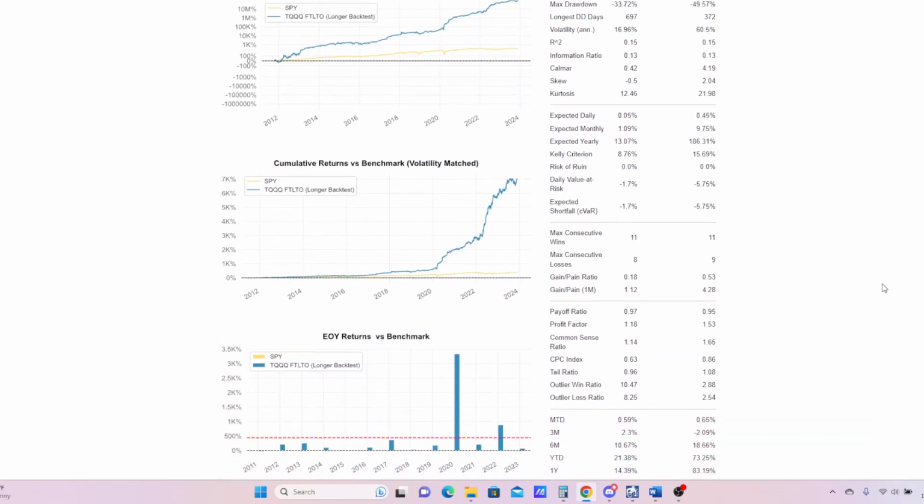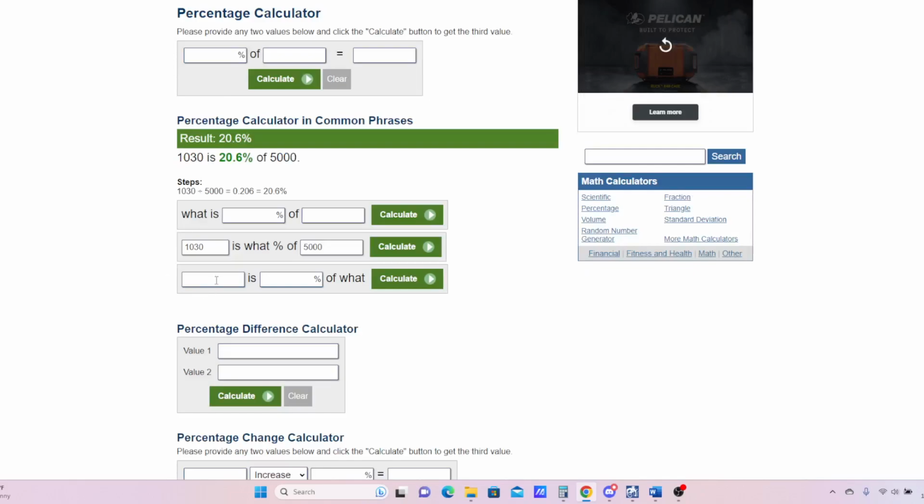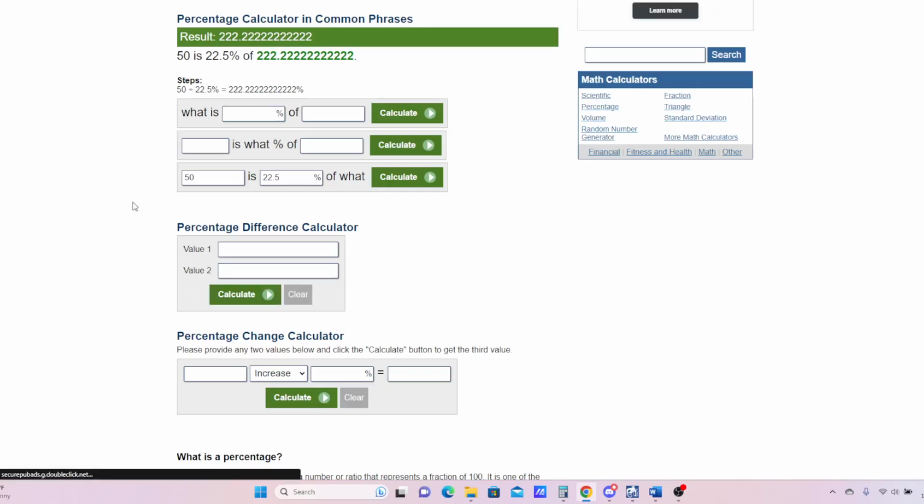Okay. So if I go to the worst day, this one is 22.5. If I want to risk 1% of my account, I'll do 50 is 22.5% of what? 222. So 222 is what percent of 5,000?